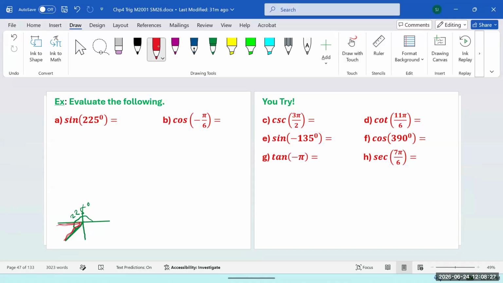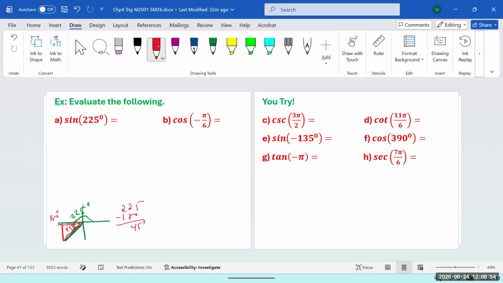What is the reference angle for 225 degrees? 45. You subtract 180 degrees from 225, and we get the reference angle, which is 45 degrees. That's step 1: 225 minus 180 gives you 45.